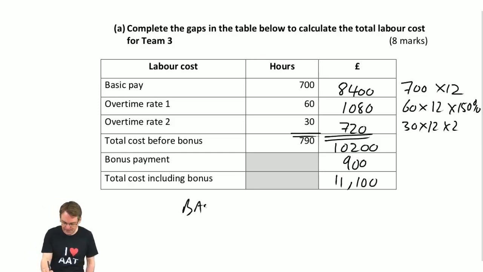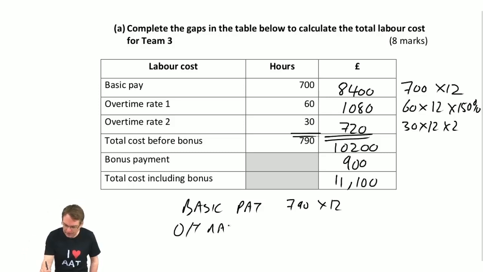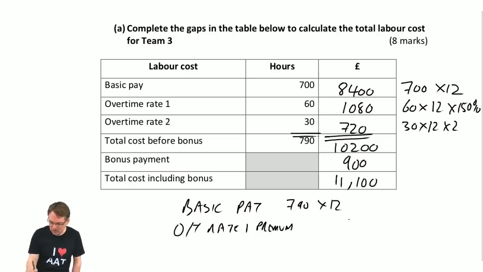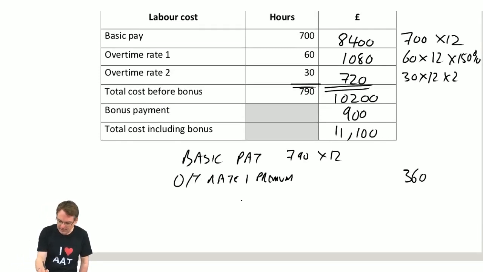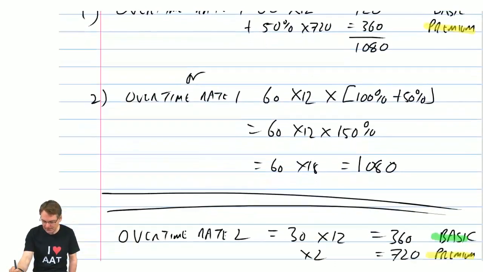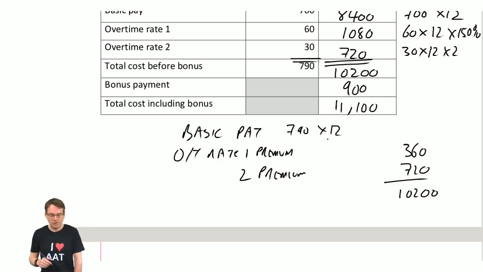So basic pay is 790 times 12, all of the hours at the basic rate, and then overtime rate 1, the premium is the extra bit that we're paying there, which was the 360, and the overtime rate 2 premium, the extra bit that we're paying there is the 720, and that will add up to 10,200. Now, I do apologise, I didn't work out what 790 times 12 is.